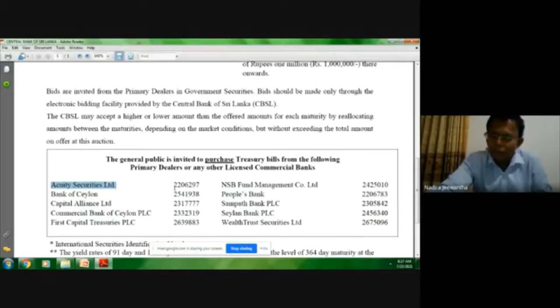They are going to participate in the auction. If the auction bids are successful, they hold these government securities, treasury bills and treasury bonds. If they don't want to maintain them, they can sell in the secondary market and take a profit. That is their task.